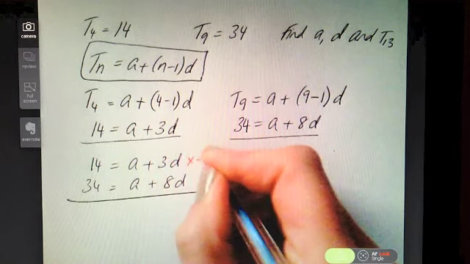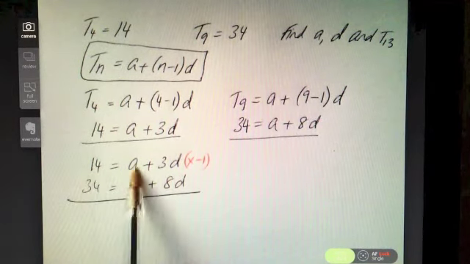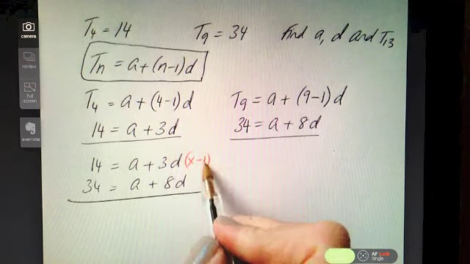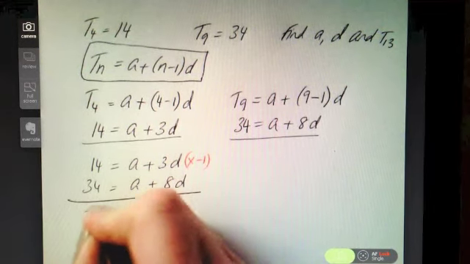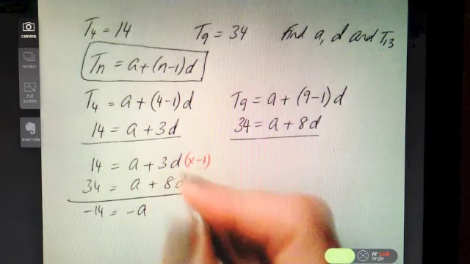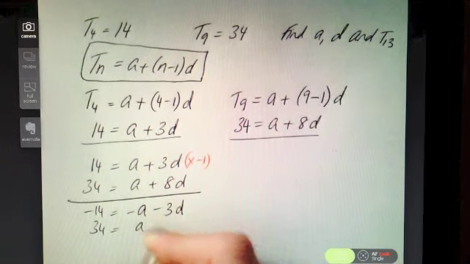across by minus 1. Okay, so I can do that as long as I'm multiplying everything in the whole equation by minus 1. So what I end up with is minus 1 times 14 is minus 14, minus 1 times A is minus A, minus 1 times 3D is minus 3D, and the bottom line stays the same.